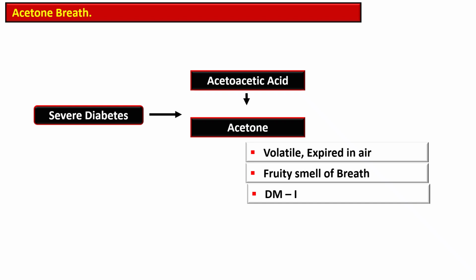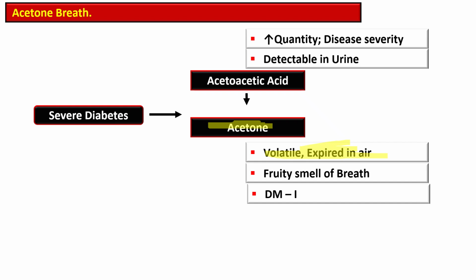A portion of acetoacetic acid is converted into acetone, which is a volatile substance. Acetone vapor is exhaled, leading to the characteristic fruity or sweet smell of the breath. So in type 1 diabetes, the acetone breath is common due to high ketoacid production.